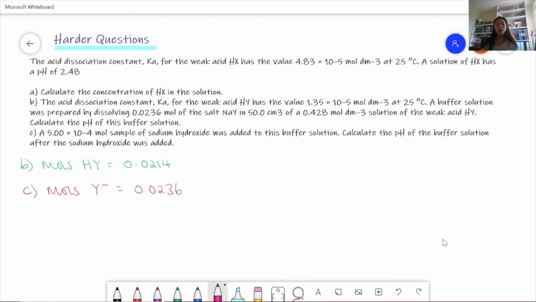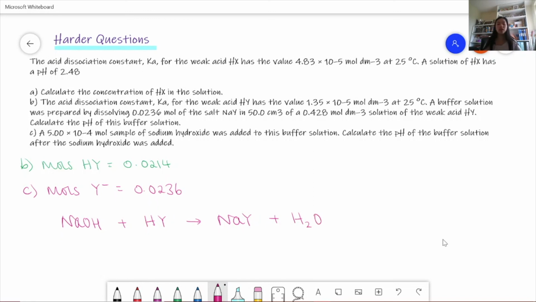And so now we think about what happens when we add an alkali to an acidic buffer. What happens is that the alkali being added, the sodium hydroxide, is going to react with some of the undissociated acid, so the HY in this case. And this is going to form NaY, the salt, and water.